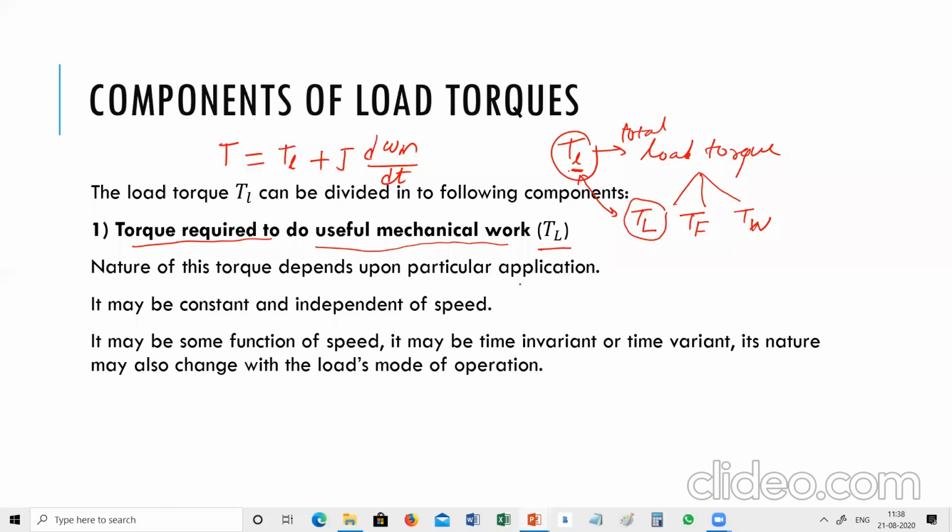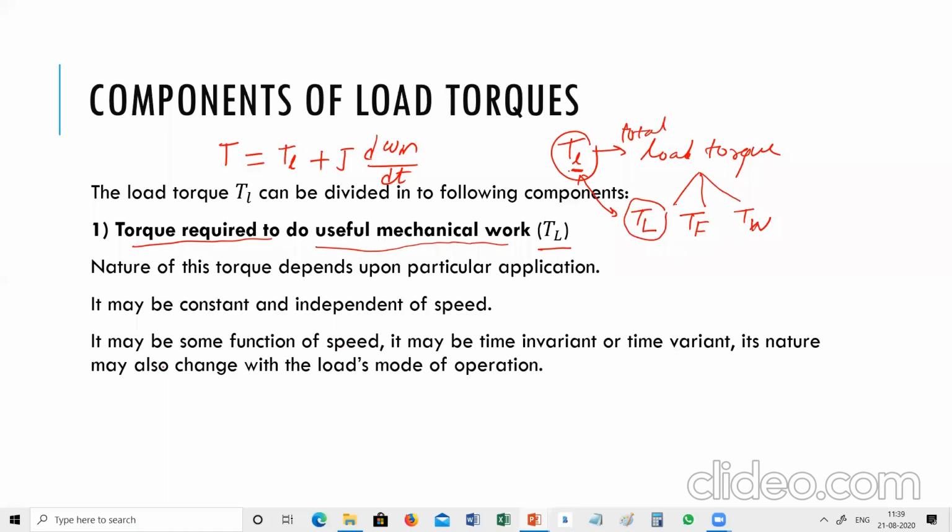These three components you have to consider, and whether the cage is loaded or unloaded. The nature of torque depends on the particular application. It may be constant and independent of speed, it may be some function of speed, and it may be time invariant or time variant.